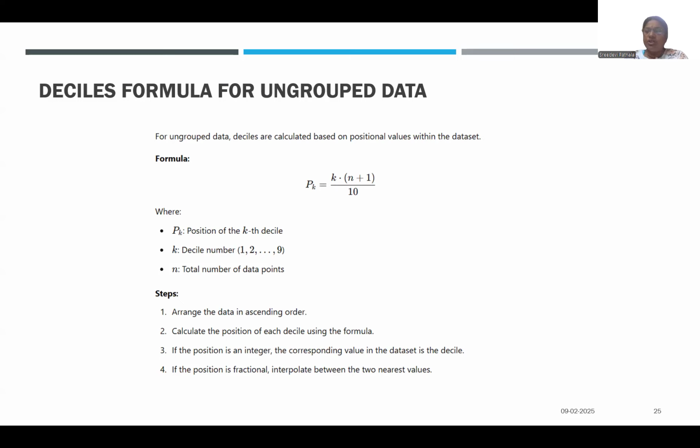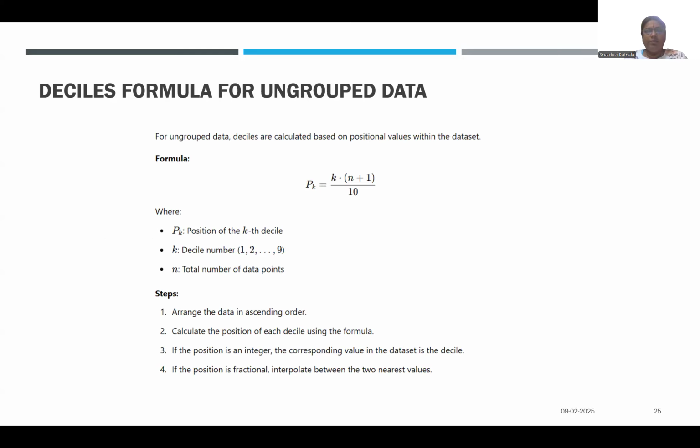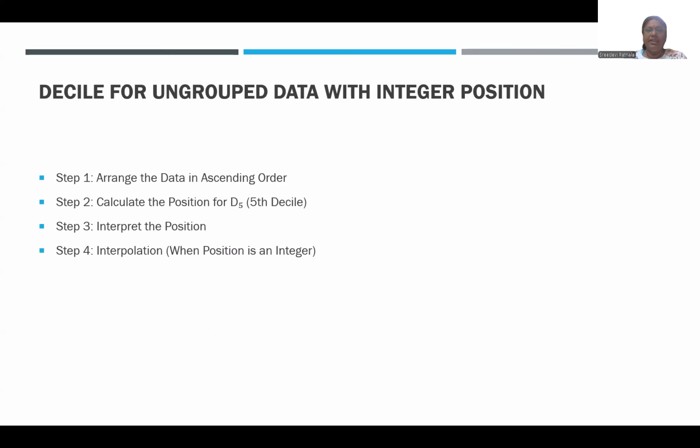If it is a fractional or decimal value, how do we interpret it? I will help you with that while explaining the examples on deciles. Here, for the integer position, how do you calculate? It is a little different in that step.